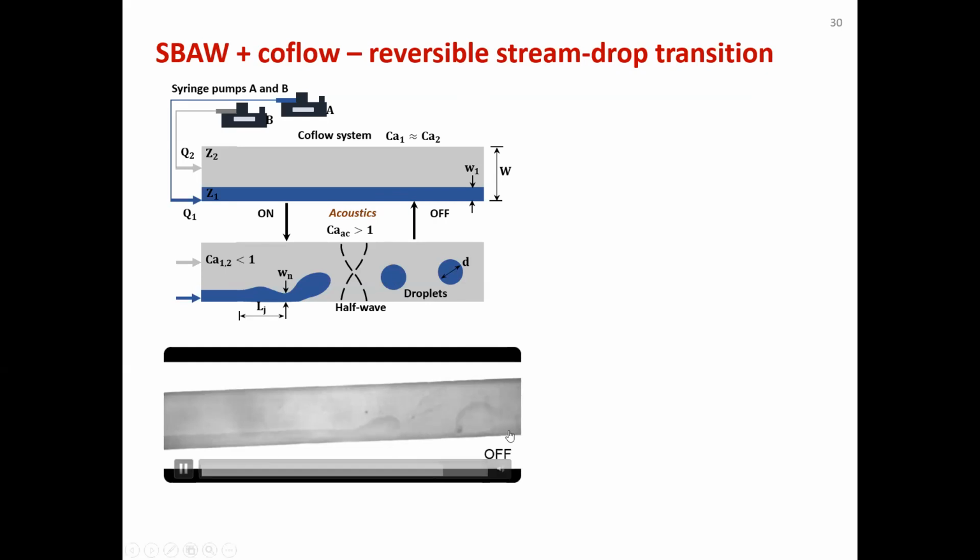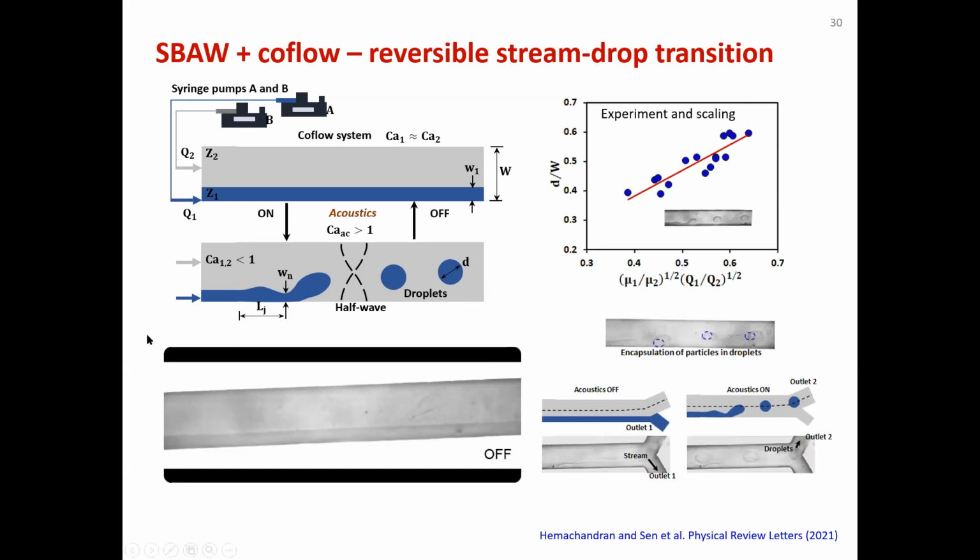When the field is switched off, this parallel stream emerges. One could characterize the droplet diameters in terms of the properties and the flow rate ratios. One could use this for encapsulation of particles and cells inside droplets, and one could direct these droplets into different outlets as compared to the continuous phase.